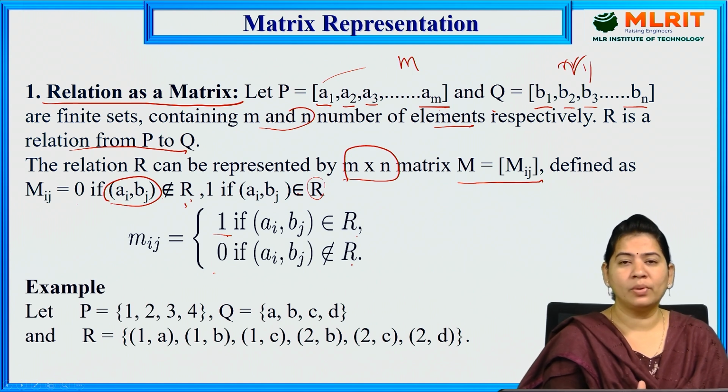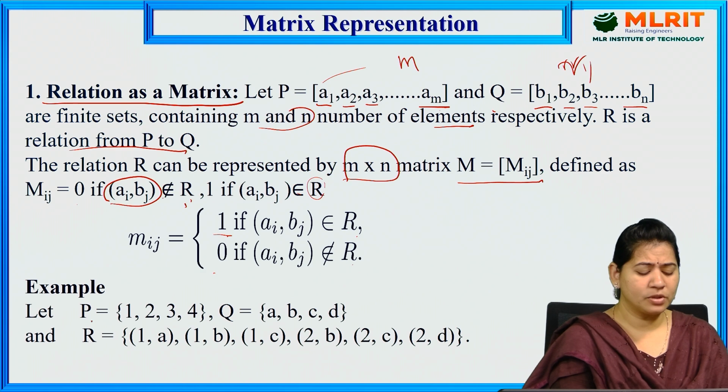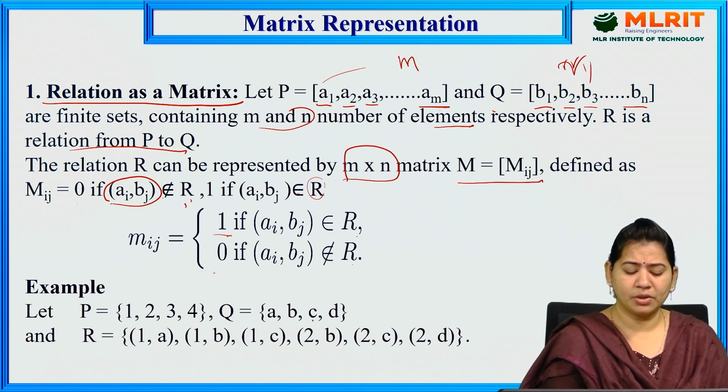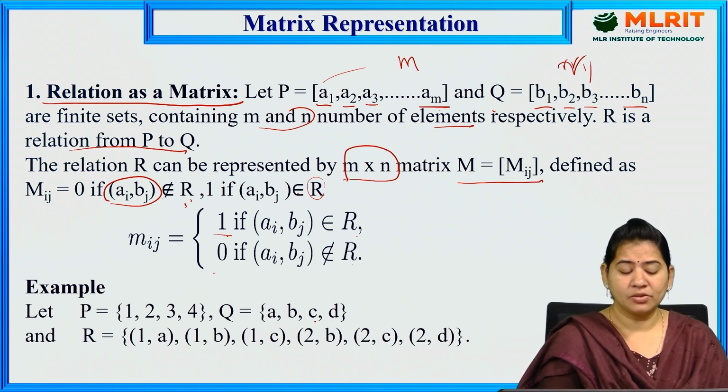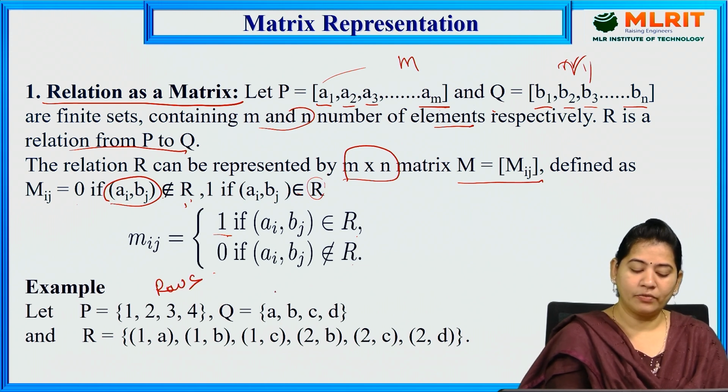Let us do one or two examples so that you can understand. Let us suppose P is equal to {1, 2, 3, 4}, Q is equal to {A, B, C, D}. Now, if you observe here, the first set P you have to consider as rows, and the second set you have to consider as columns.